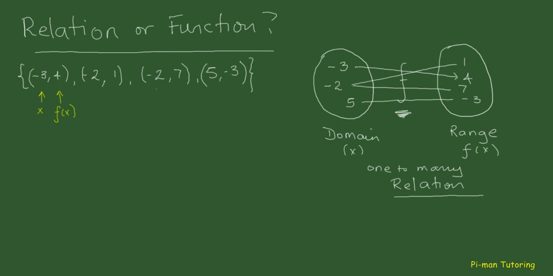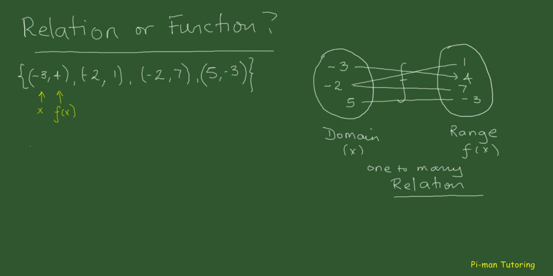So for example, if this -2 had been a, let's say, -4, then we would have had a -4 uniquely mapping to the value of 7. This particular line would disappear, and we would now have a one-to-one relationship between the input and the output. And now we would have a function.